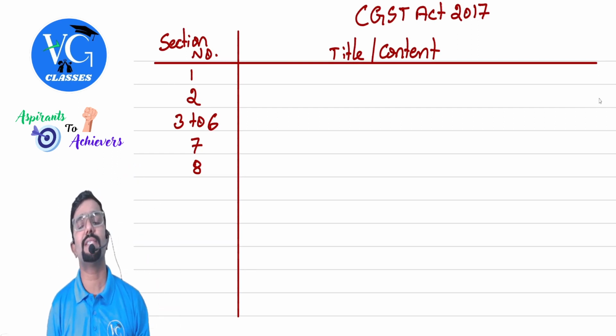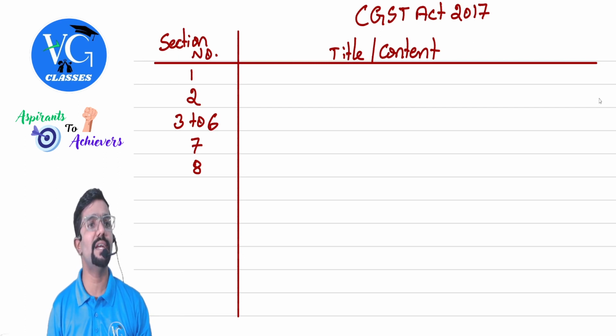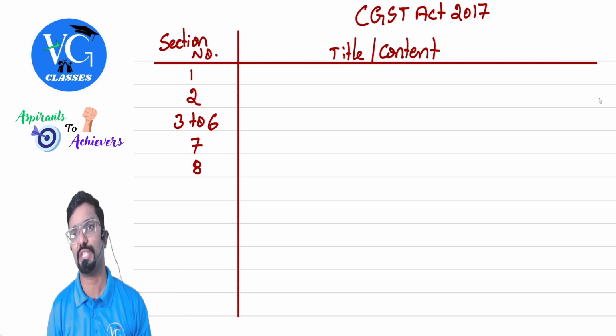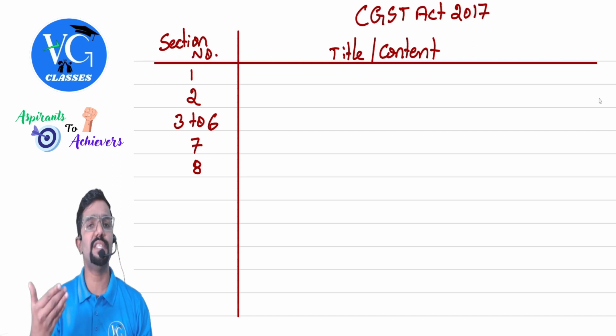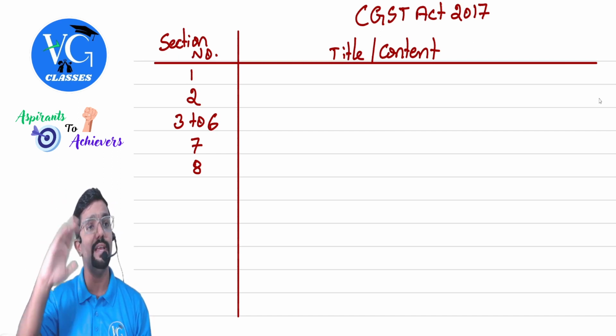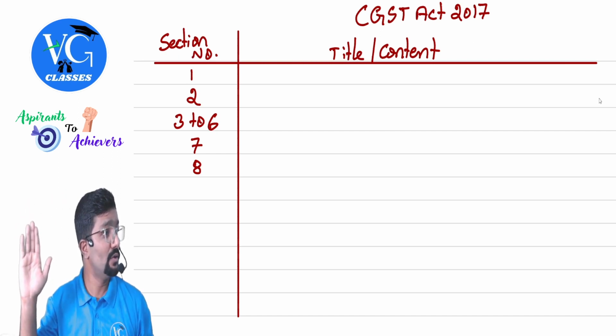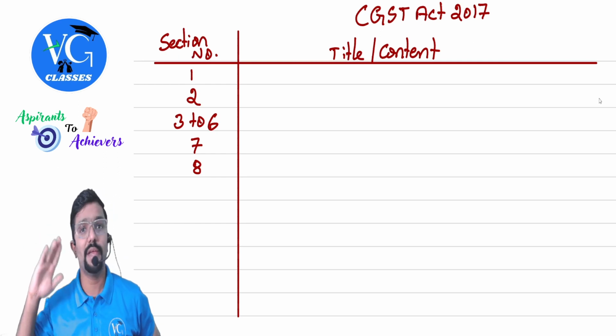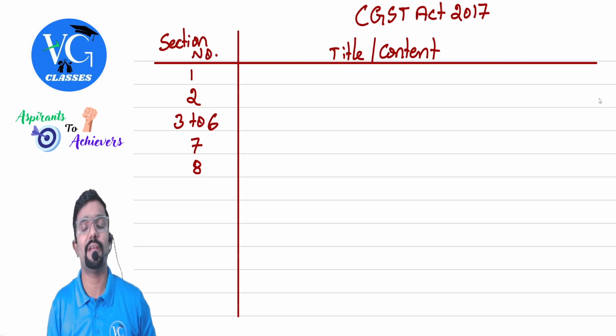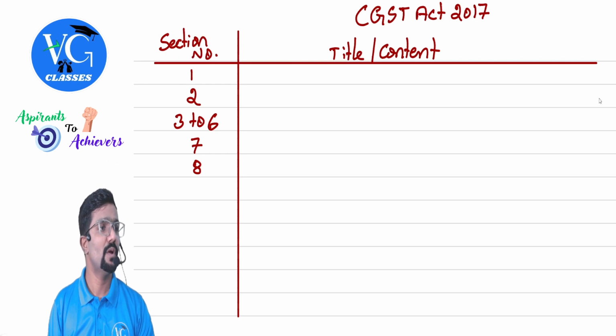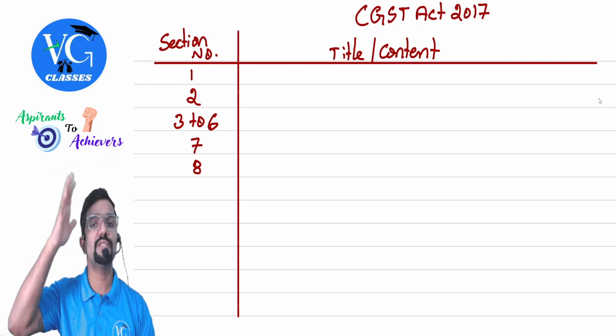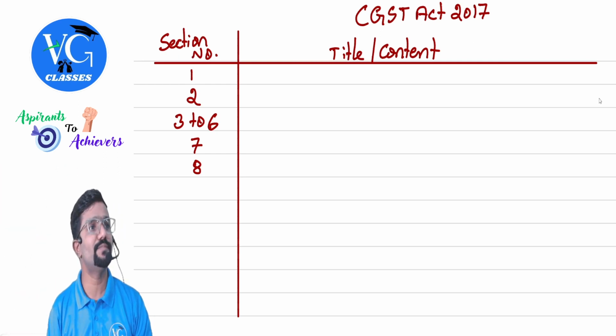One side is to write the section number of the CGST Act, another side is for the section number of the IGST Act. As of now, we have started with CGST, so we'll only write CGST. Another side, please leave it empty, because I will make you write it a little later when we start covering the IGST Act section numbers. On the top, just mention CGST Act 2017.